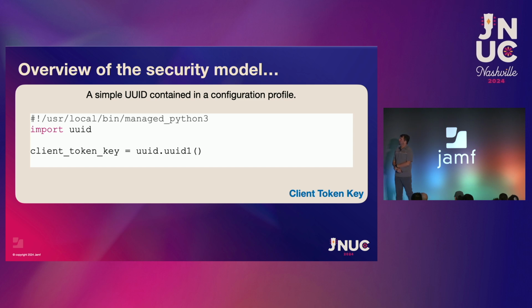The client token key that the computer has is just a really simple time-based UUID. You generate them when you set this up, and they're pretty hard to figure out for the most part, which is why I selected this as a key to use.